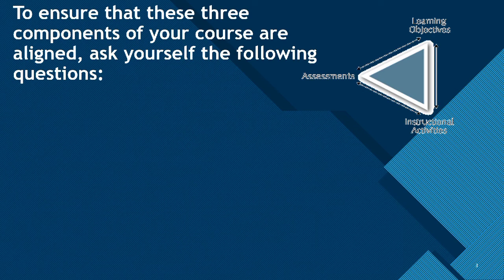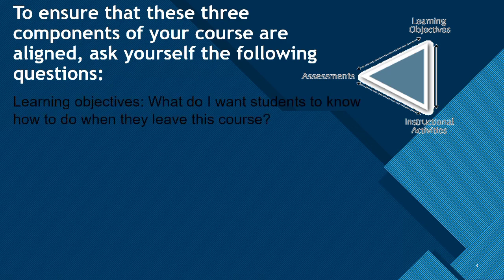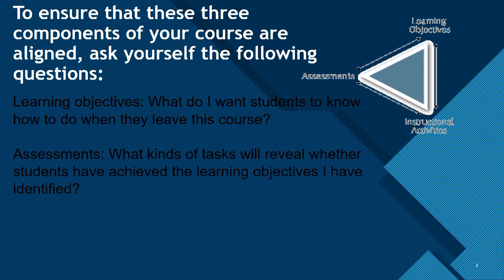To ensure that these three components of your course are aligned, ask yourself the following questions. For learning objectives: what do I want students to know or how to do when they leave this course? For assessment: what kinds of tasks will reveal whether students have achieved the learning objectives I have identified?